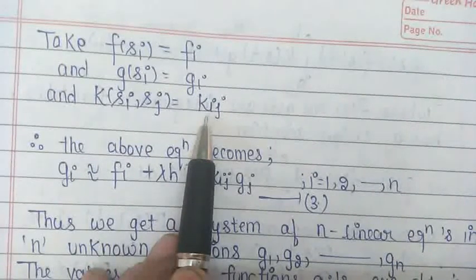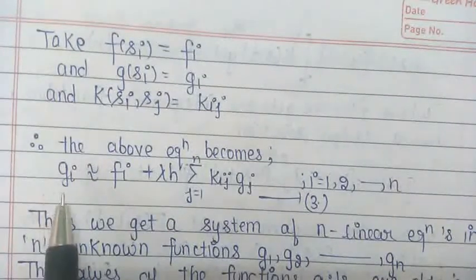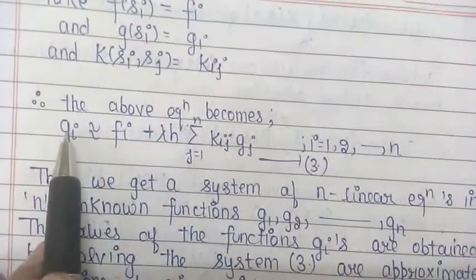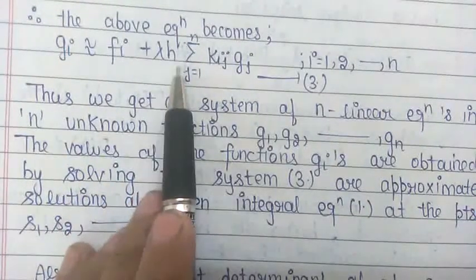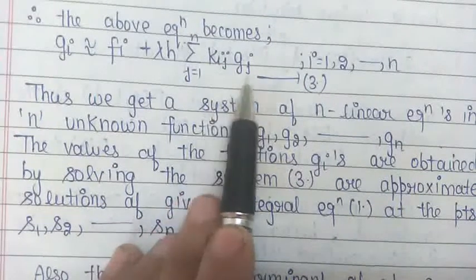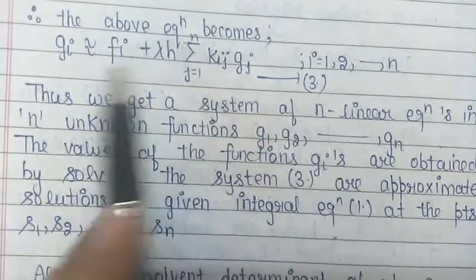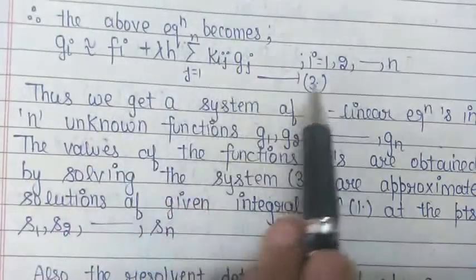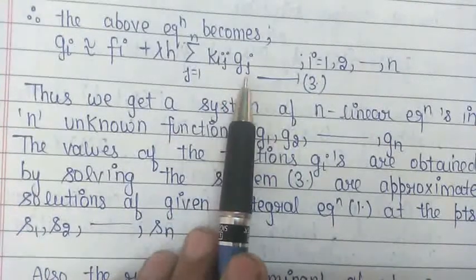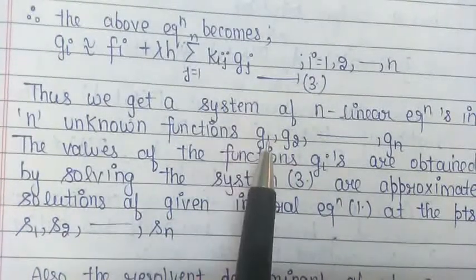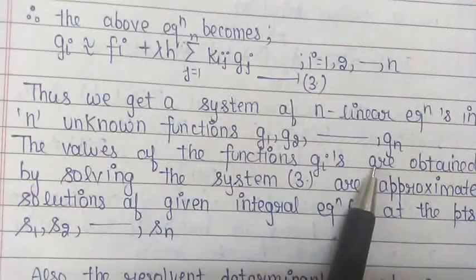Using these symbols, the previous equation can be written as gi = fi + lambda h summation kij gj, where j varies from 1 to n and i varies from 1 to n. So this is a system of n linear equations in n unknowns. Those unknowns are g1, g2, g3 and so on up to gn.